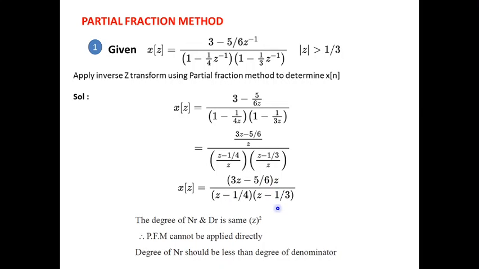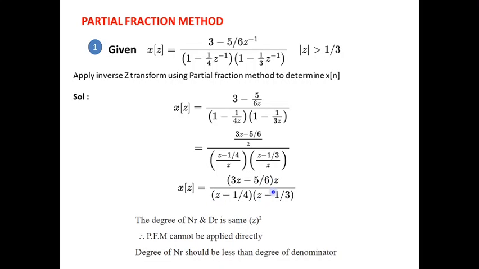But before applying partial fraction, we have to check the degree of the numerator and denominator. The numerator degree is 2 because the highest degree is 3z into z, which is z square. Similarly, the degree of the denominator is also 2 because it is z into z.